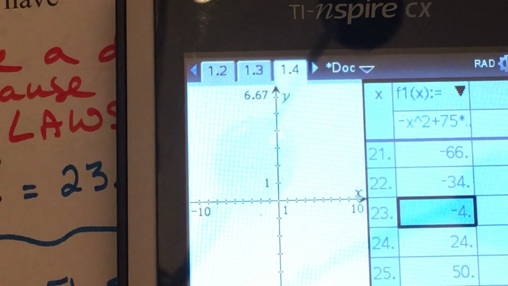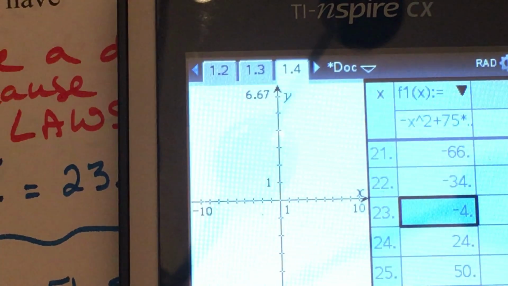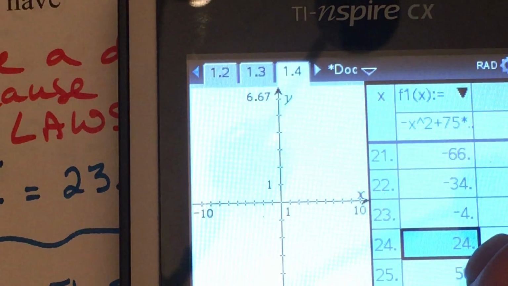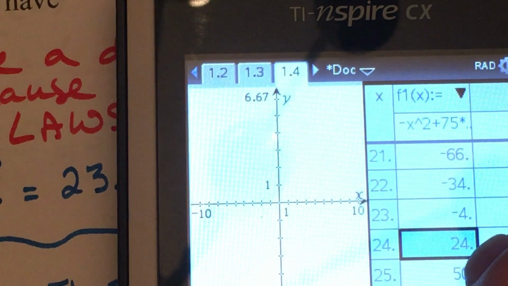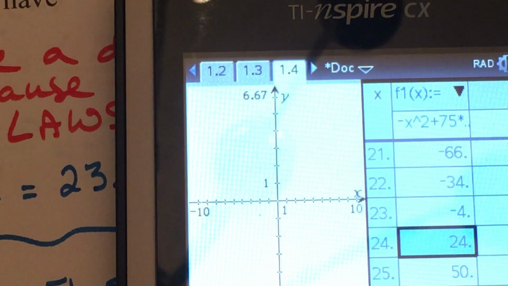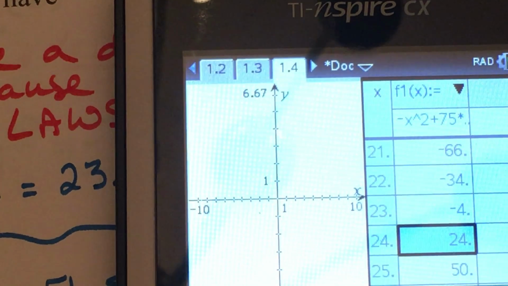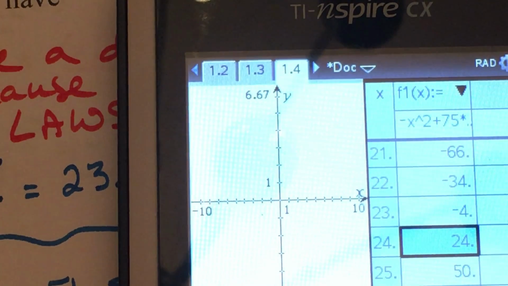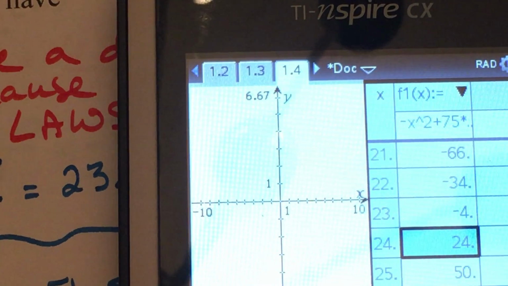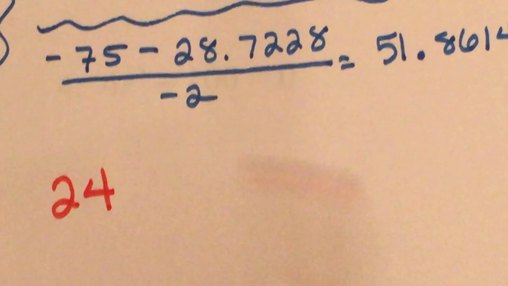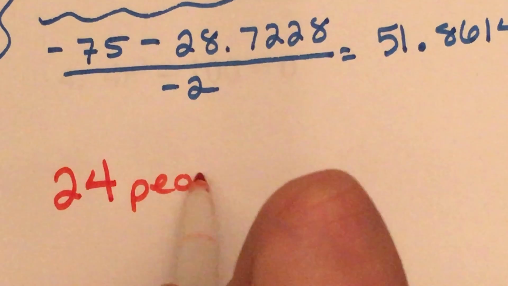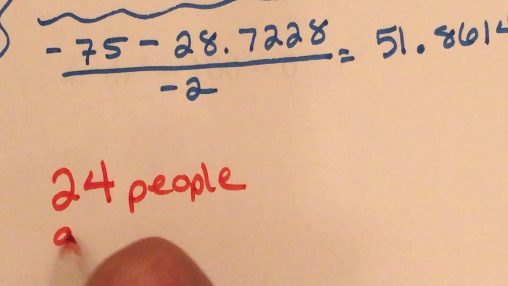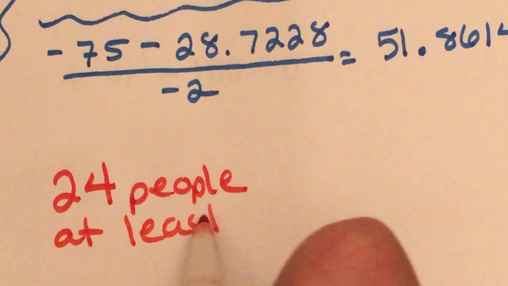No. He can be in the positive just a little bit. So the least number of people to still have a productive day and barely break even, he's got to have at least 24 people. So we'll write that down. 24 people. At least.